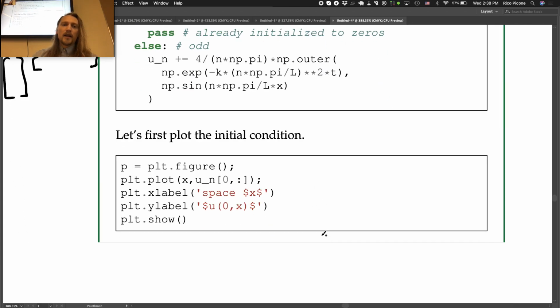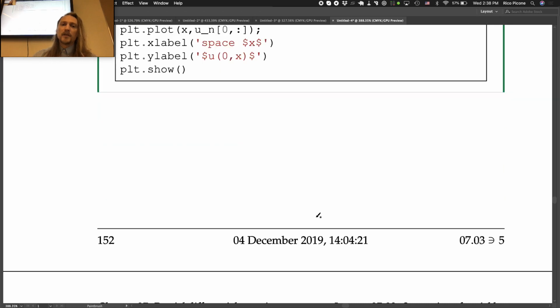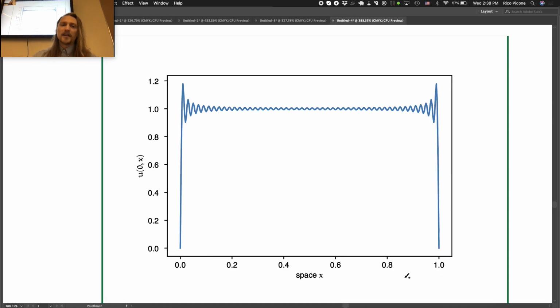And then let's plot the initial condition first and see what it looks like. Because it should look essentially like 0 up to 1. It's like a square wave, right? We have this ringing phenomenon that's happening here, which is something you're hopefully familiar with or have seen before in doing Fourier series analysis, where next to a discontinuity, you'll get that, and you have to add up an infinite number of terms to get that to go away.